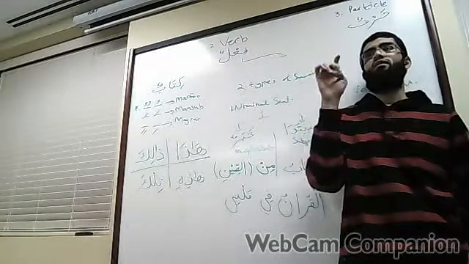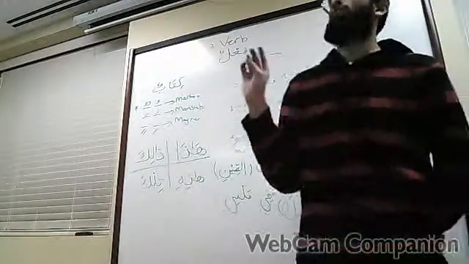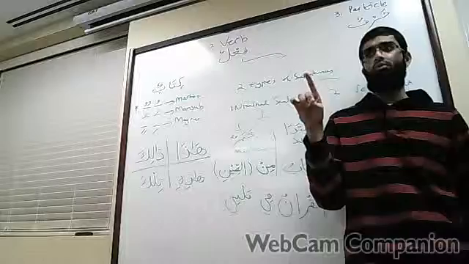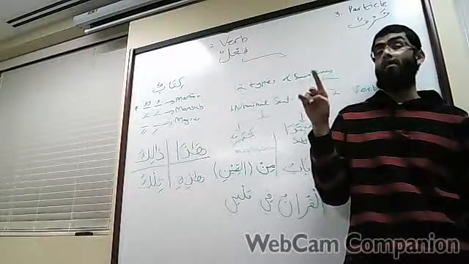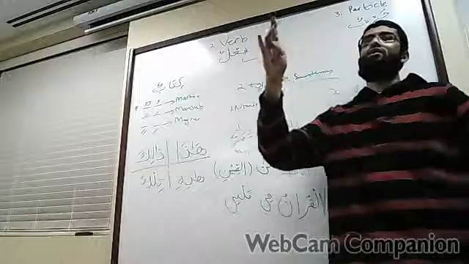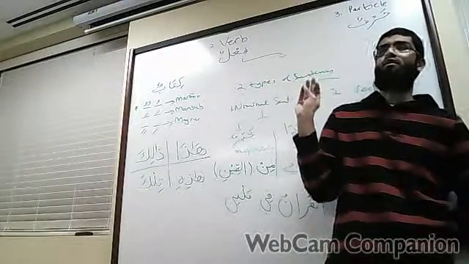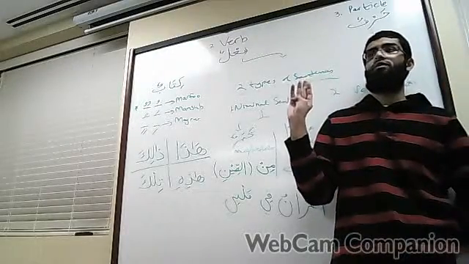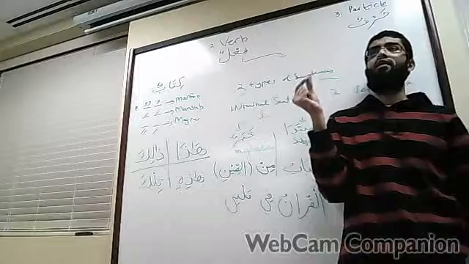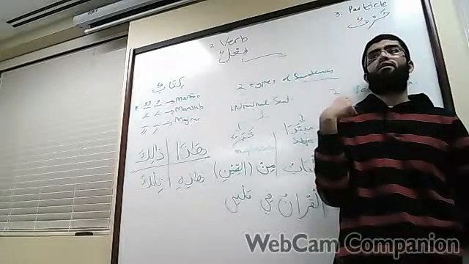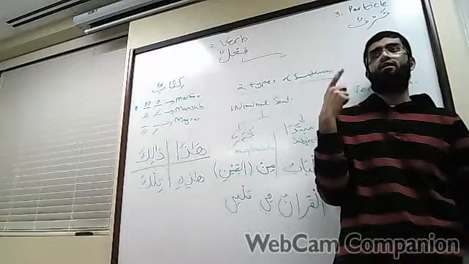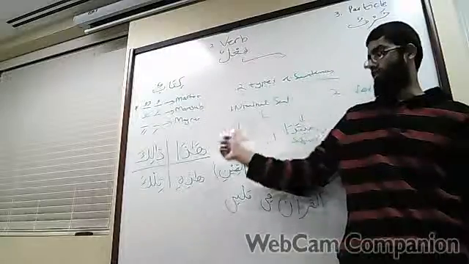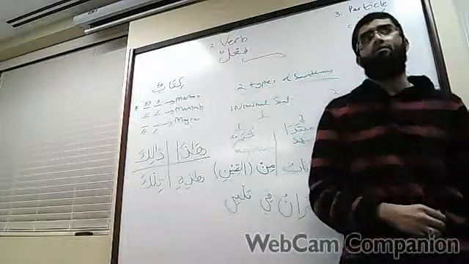You is anta, and then antuma, and then antum, you for a group of males. And then what's you female? Anti. Antuma for two females, and then a group of females, antunna. And then I, ana, nahnu. So we're going to go over that and do the attached pronouns as well. Any questions?